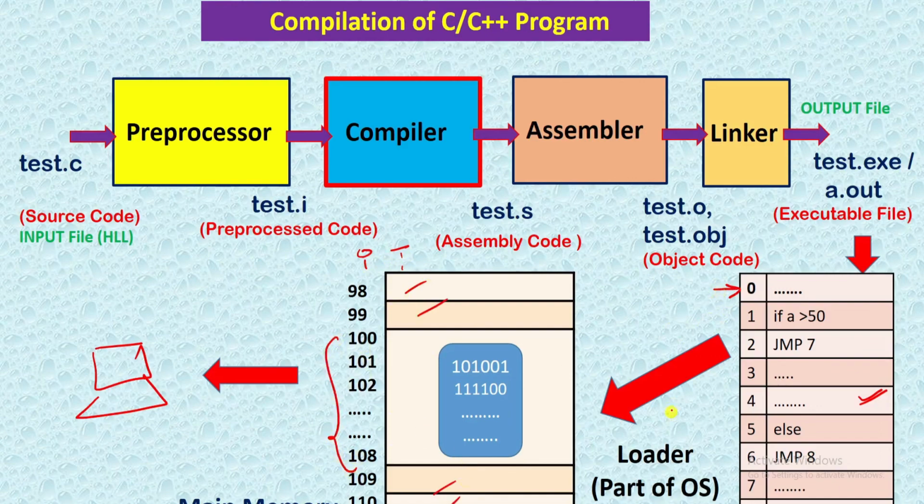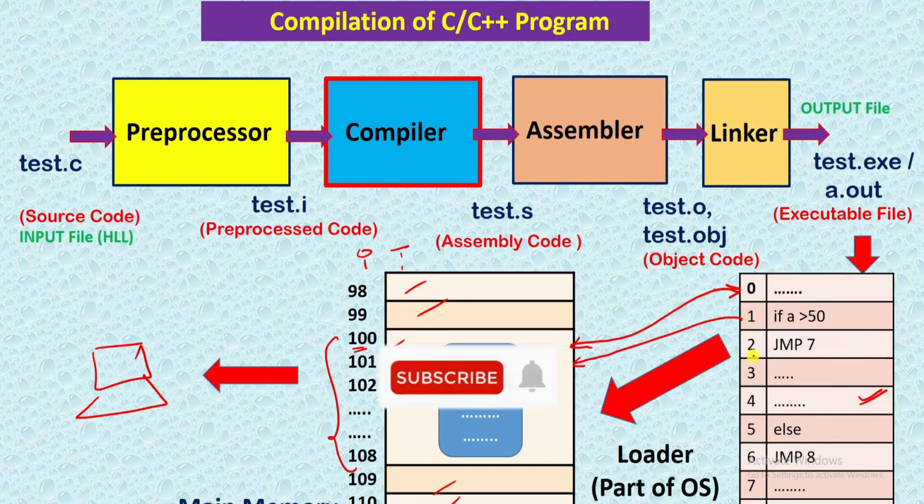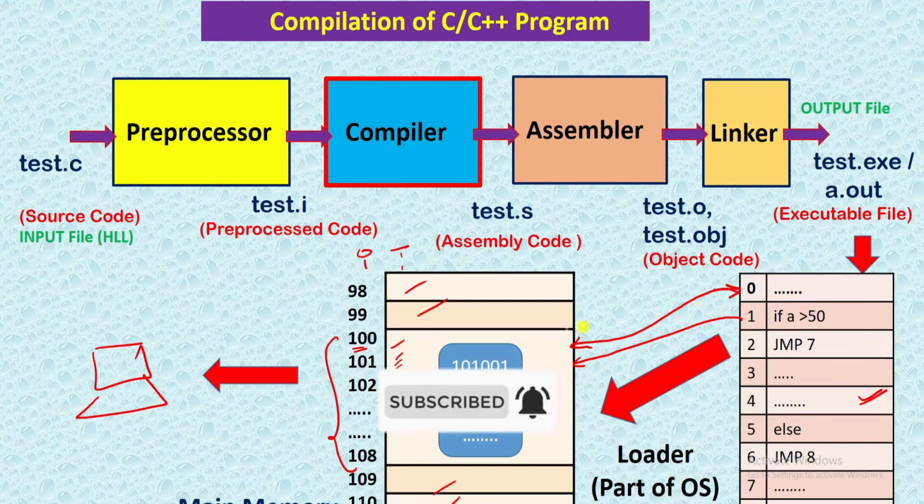So your loader has the responsibility to map the 0th line to the 100th line, because the free space starts from 100. Here only your loader can place your program. Then the 1st line will be mapped to 101. That means this code has been relocated to a different memory address. It now starts from 100, whereas earlier it started from 0. So this is the meaning of relocatable.